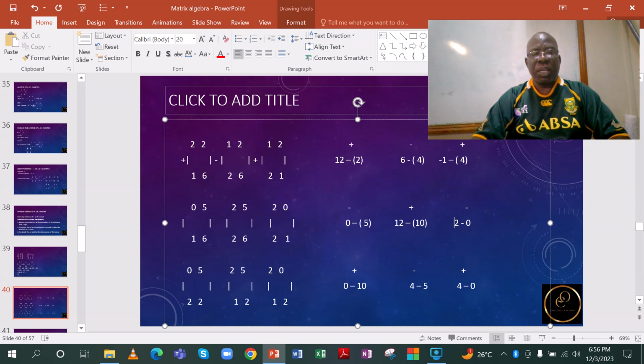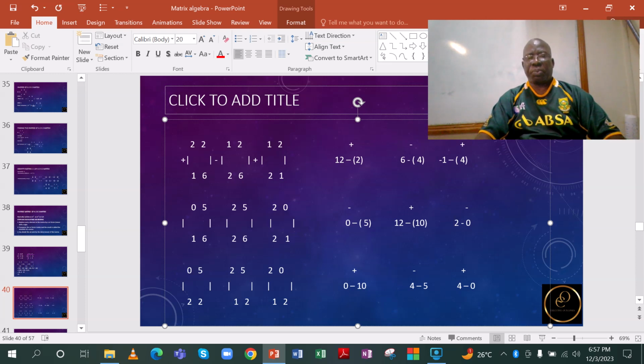We get to the next one, which is 0 times 2, which is 0, minus 2 times 5, which is 10. We get to this other one, 2 times 2, which is 4, minus 1 times 5, which is 5. The last one will be 2 times 2, which is 4, minus 1 times 0, which is 0.